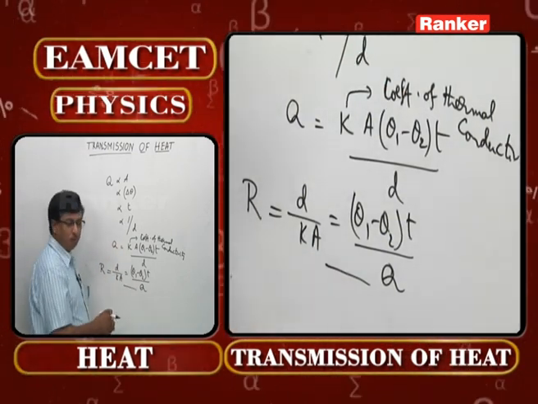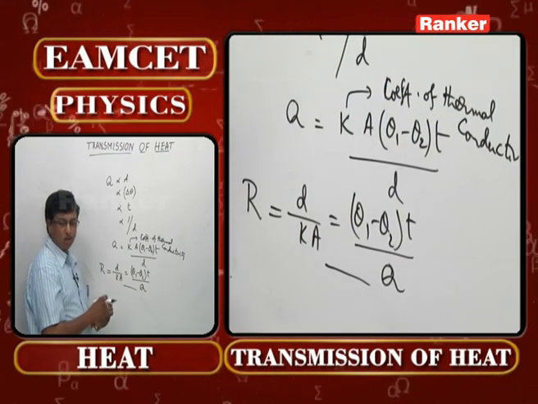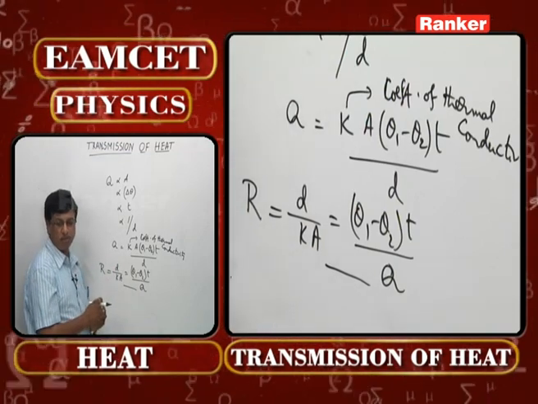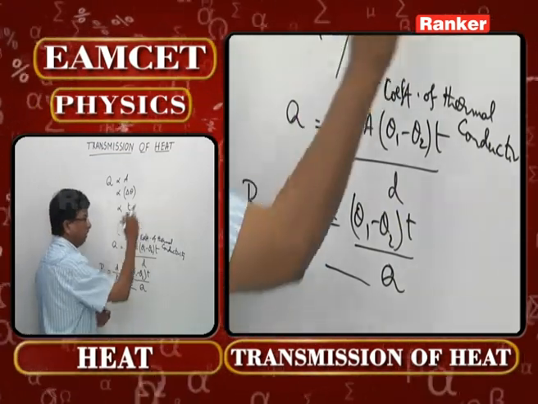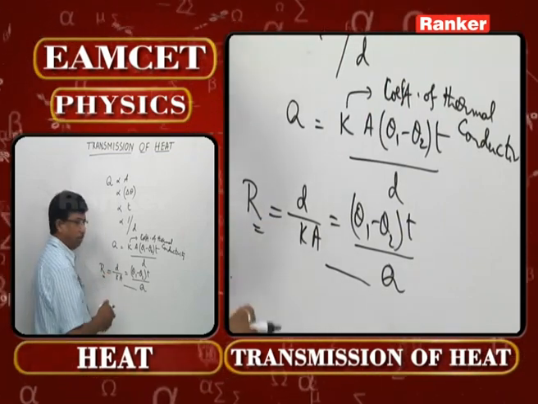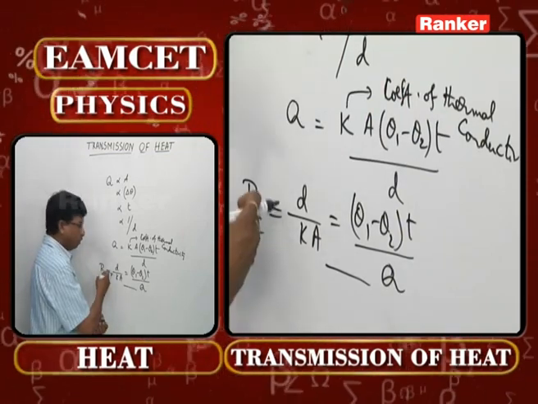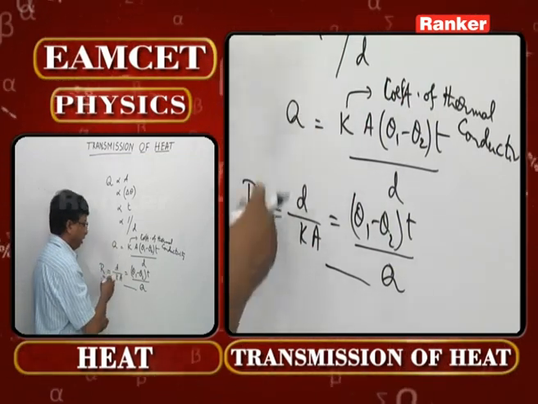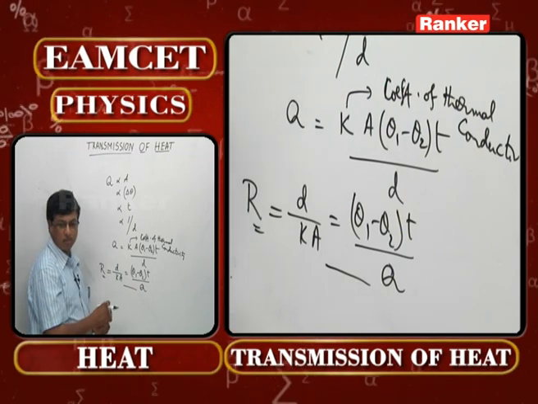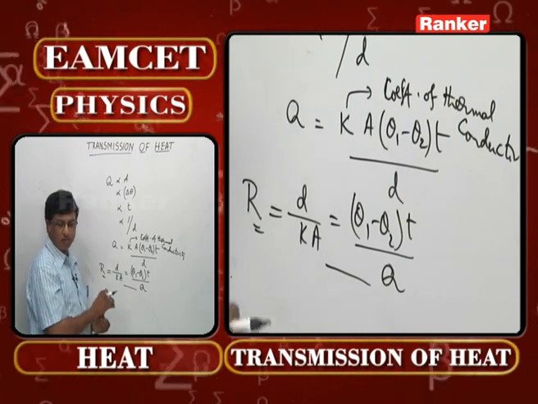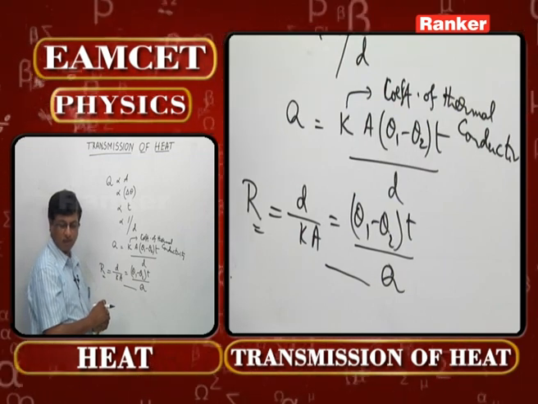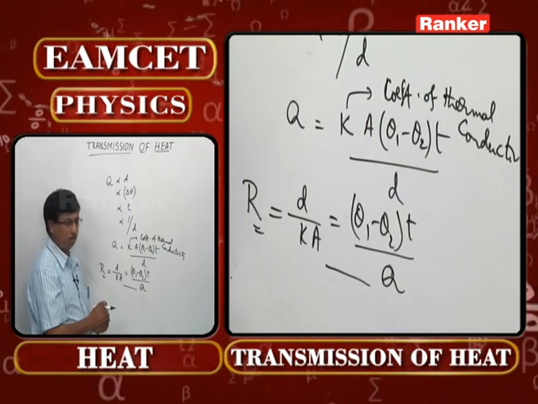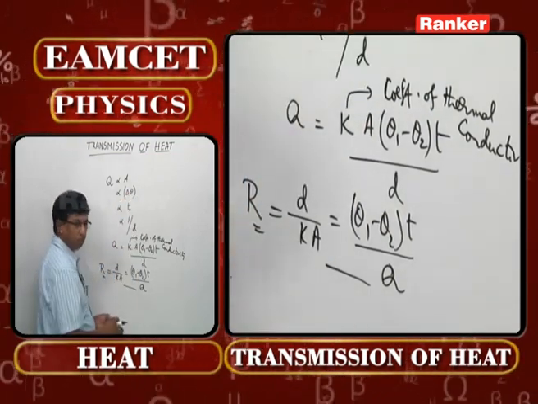Whenever they say two or more cubes, or two or more blocks, or two or more rods made up of metals, which are all connected in series, then how to calculate the effective thermal resistance? R is equal to R1 plus R2 plus R3 and so on. Like that, when they are connected in parallel, 1 by R is equal to 1 by R1 plus 1 by R2 plus 1 by R3 and so on. Just like in the case of current electricity, what we have taken up while considering resistances connected in series and in parallel. So this is the major equation one should remember.